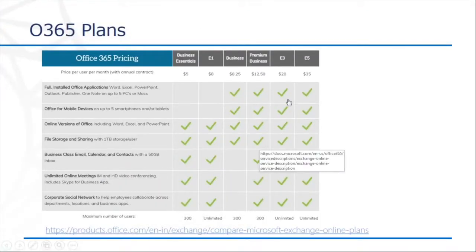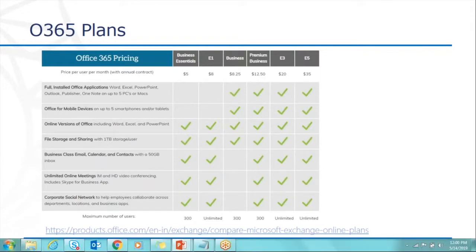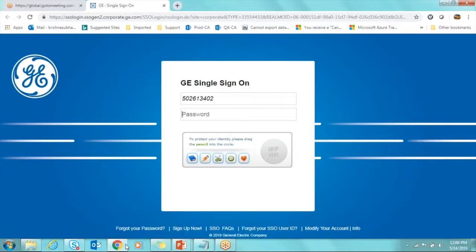Most of the customers will go with E5, where we will have all kinds of features with all services available in O365. So when we see the editions with, just a minute.